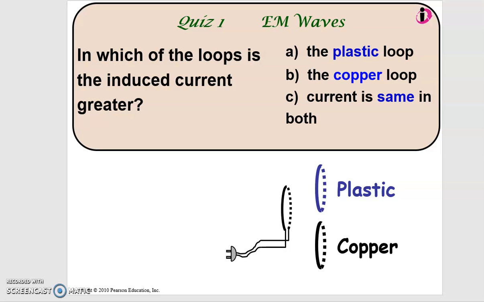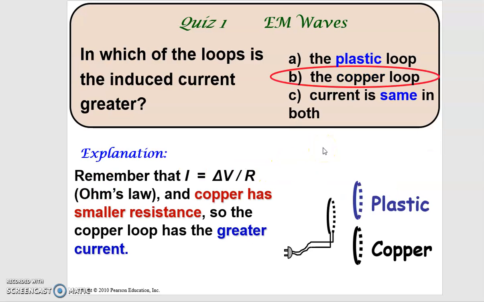Now let's take a look at the answer. The answer should be B, and the reason is that based on Faraday's law, if your B field oscillates, you will produce an induced EMF. So the delta V is your induced EMF. But here they're asking about the induced current.